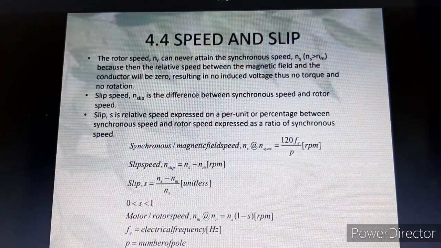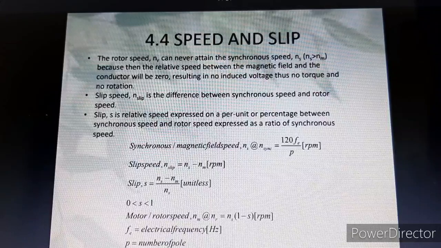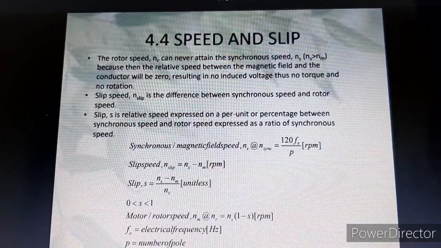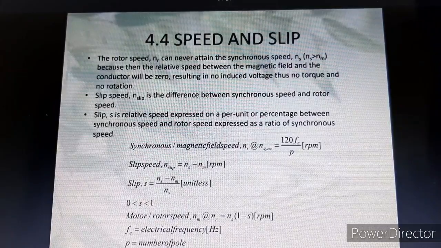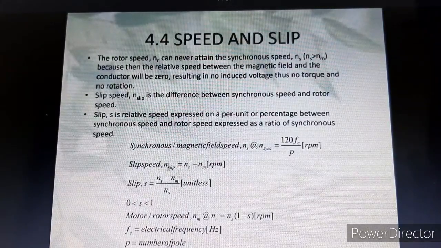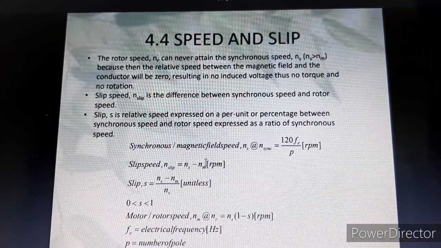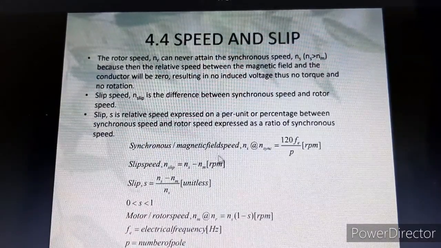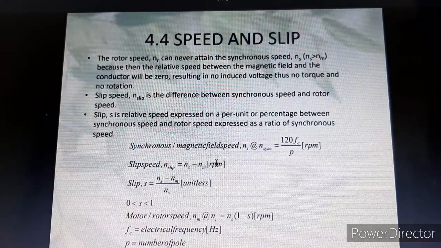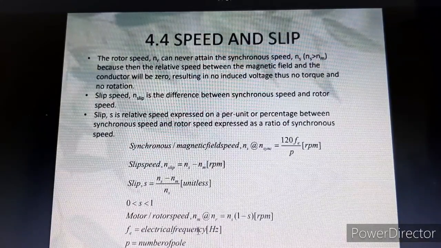And then in an induction motor, we have another speed called slip speed, and slip. The slip speed is the difference between ns and nm. What is nm? nm is the motor or rotor speed.